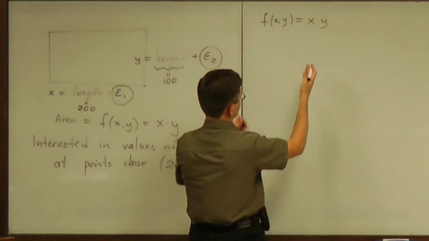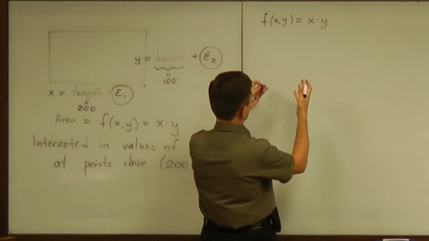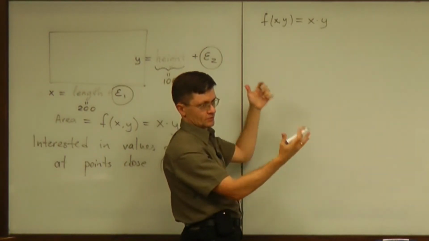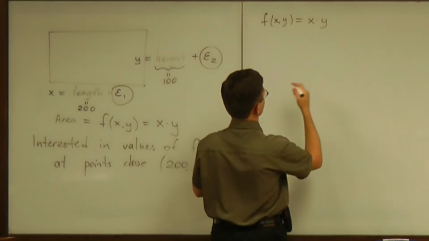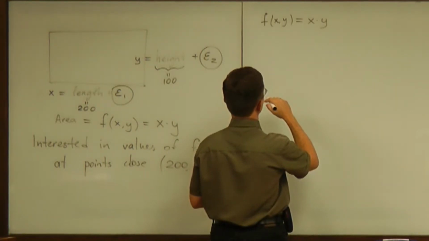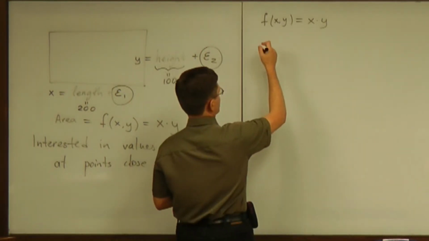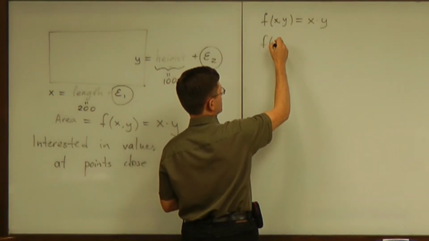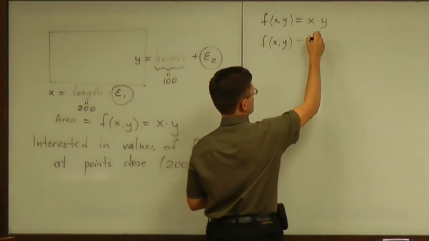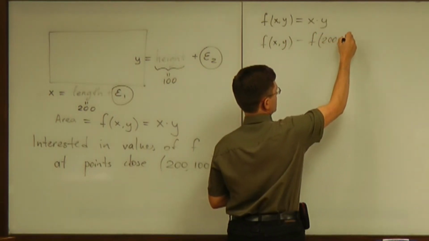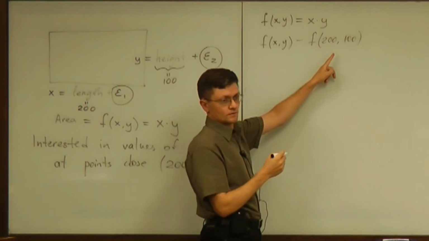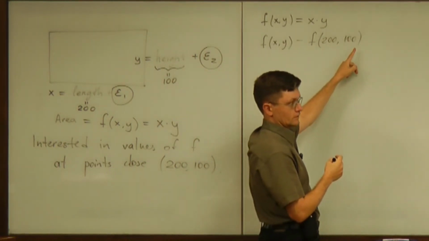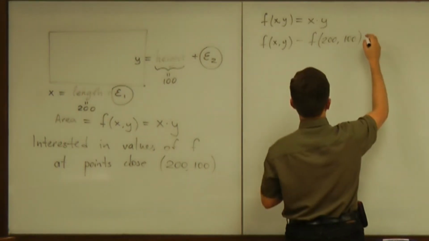So what we use to replace with a linear function is not the function itself, but something like an expression. Right? So what I'm actually interested in is the error, the difference between the value at x, y, that is close to 200, 100, and the value at that point.